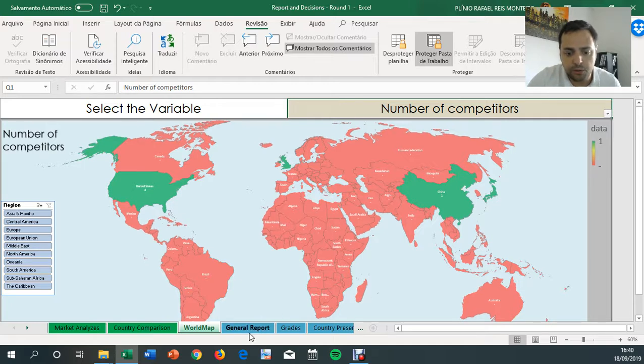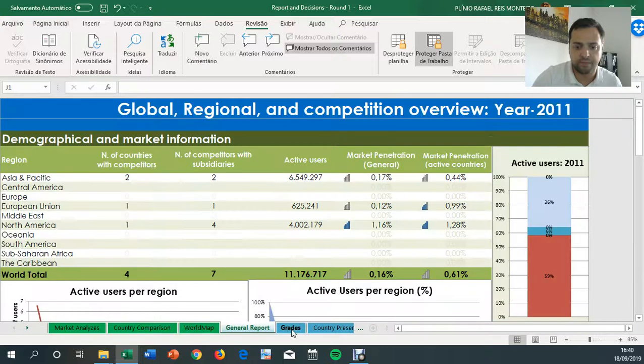Let's move to this part of the file called General Report. Here, we will have different information for the current year, 2011. So we have here the demographical and market information. Here you can see how many countries you have with competitors in each region of the world.